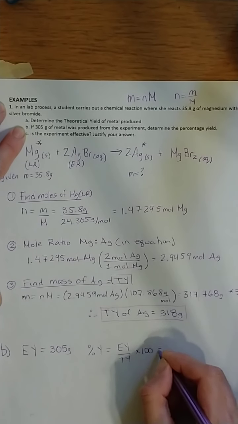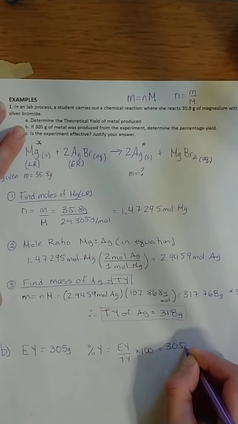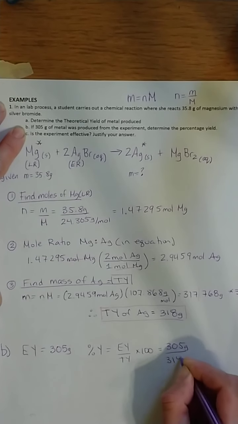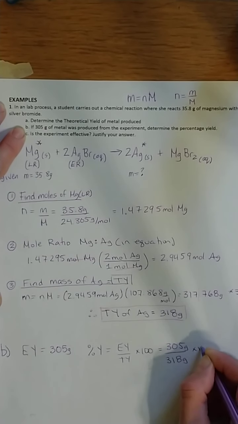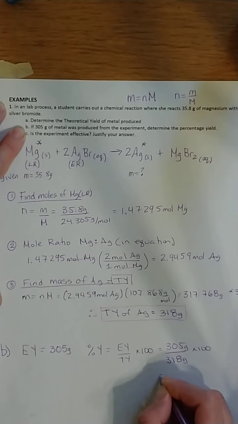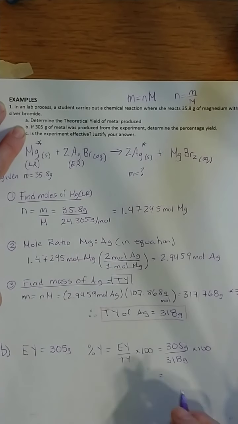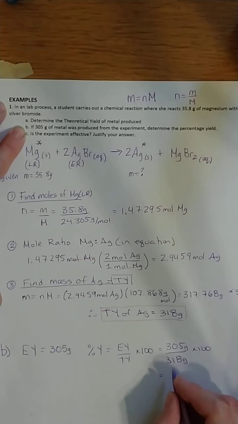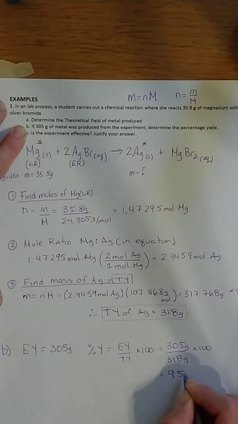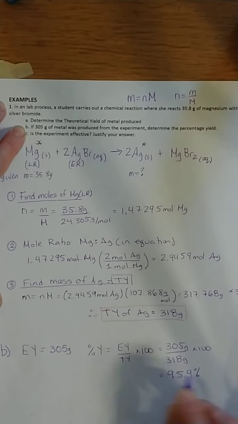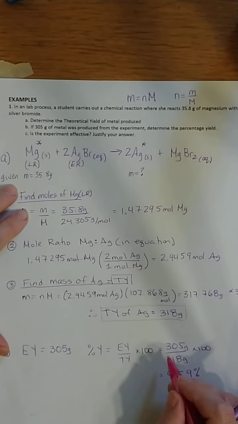So you're going to take your 305 grams divided by 318 grams, multiply by 100, and you need 3 sig figs, so 95.9%.